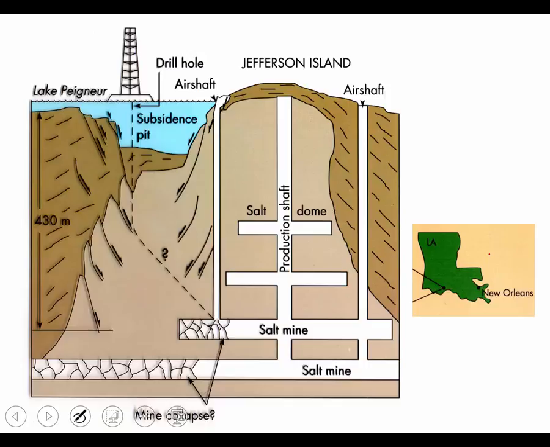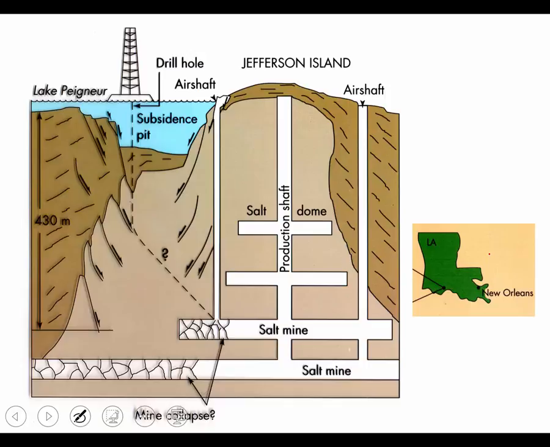Now, remember I said that we get some dissolution and karst topography from evaporites, and we actually see some of that with salt domes. And so in this particular example, there was an area of solution subsidence associated with this salt dome, and there was some drilling going on.